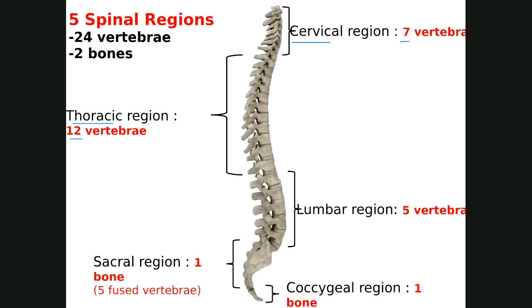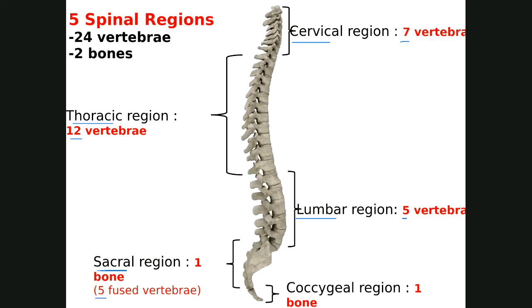Then the low back region, easy to remember. L, lumbar, L, low back. It's the lumbar region, and that has 5 vertebrae. And then way at the bottom, we have 2 more bones. You have your sacral region, and at one point it used to be 5 individual vertebrae, but they fused.